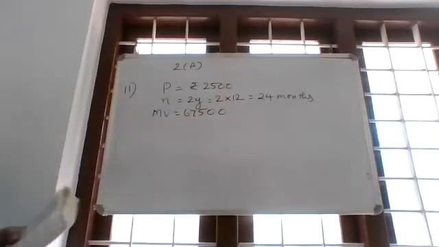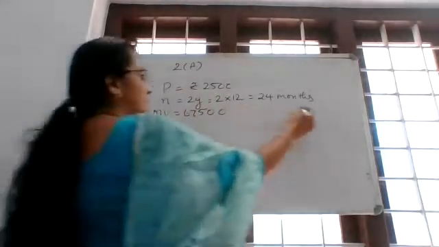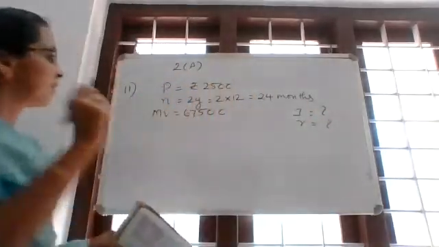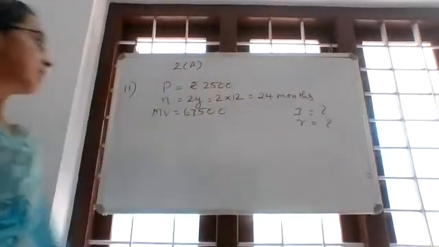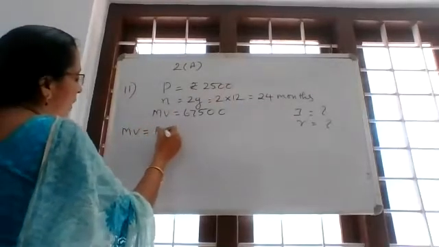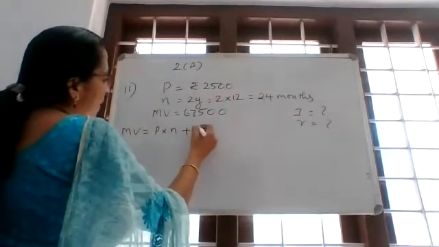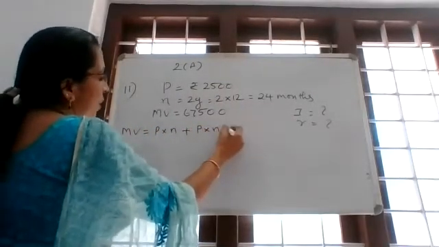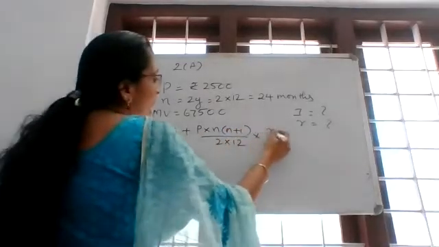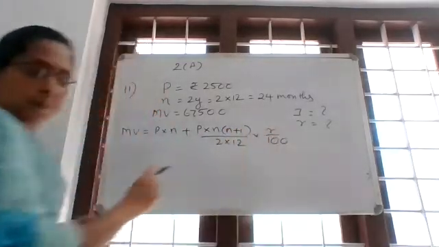If we want to calculate I, then R also we want to find, so from this we can calculate R first. So maturity value is equal to P into N plus P into N into N plus 1 divided by 2 into 12 into R by 100.